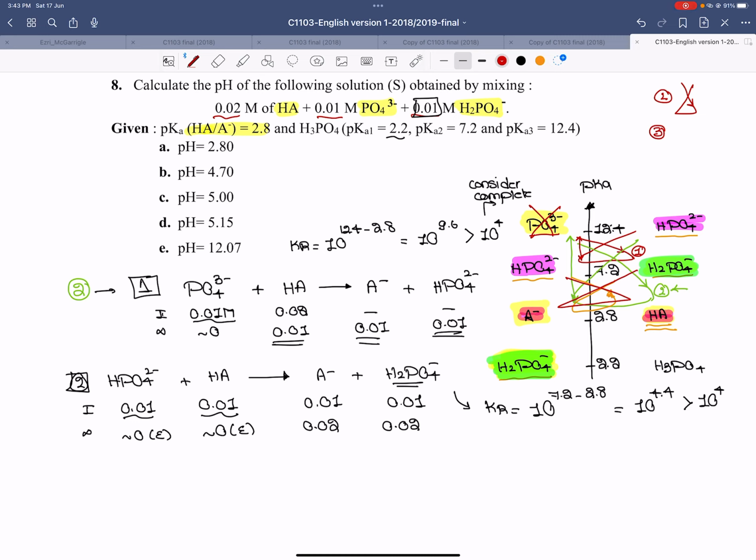If you have a base and an acid in the same solution with the same concentrations and with similar Ka for the acid, which is 10 to the power, I can also say pKa instead of Ka, which is 7.2 for the acid, and a similar Kb or pKb for A minus. We all know how to calculate the pKb of a species, which is basically 14 minus the pKa, which is 2.8.